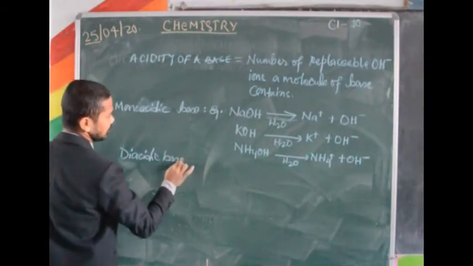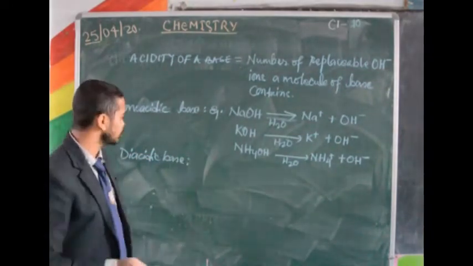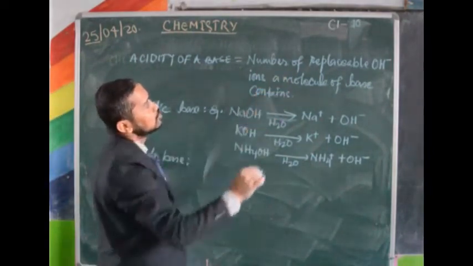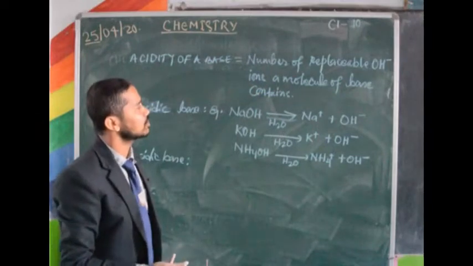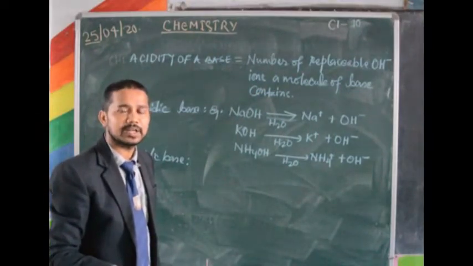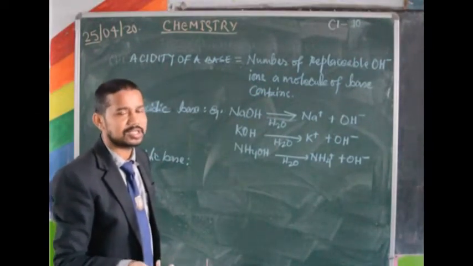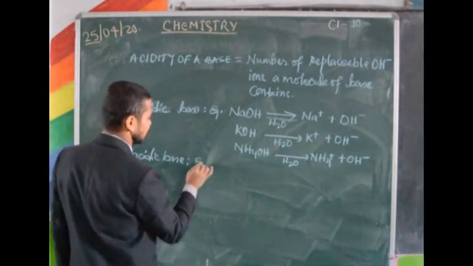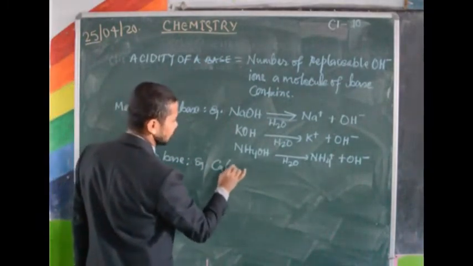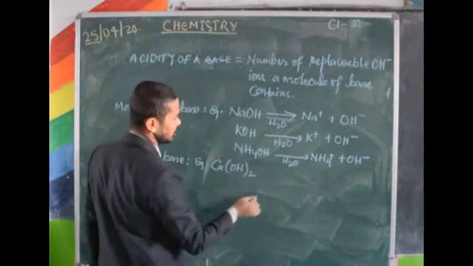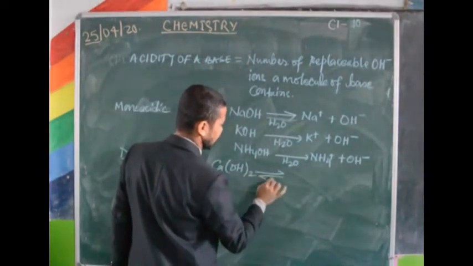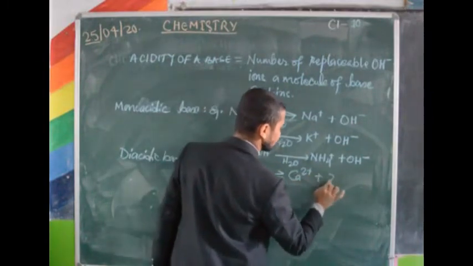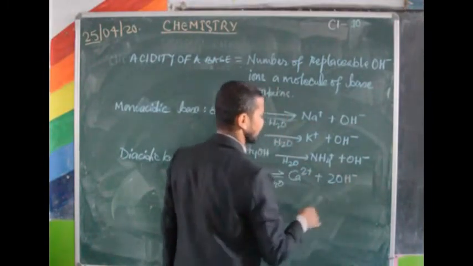So what is a diacidic base? It is a base which has two replaceable hydroxyl ions per molecule when dissolved in water. For example, calcium hydroxide, when dissolved in water, gives Ca2+ and 2OH-.